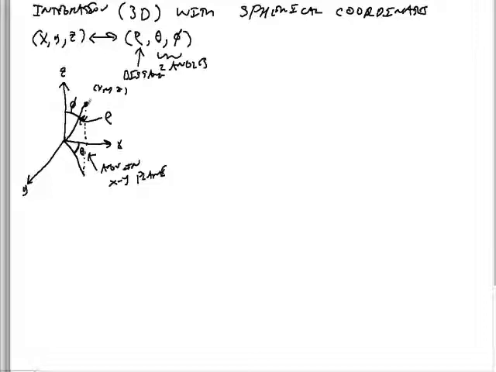So let's talk about how to find the transformations between x, y, z and rho, theta, phi. Okay, so first of all, we can get x and y. What we want to do here is actually kind of revert to polar coordinates. So to get x, we need something like r cosine theta, right? So r being this length here. So it's the projected length in the xy plane. Same thing with y. It's r sine theta as well.